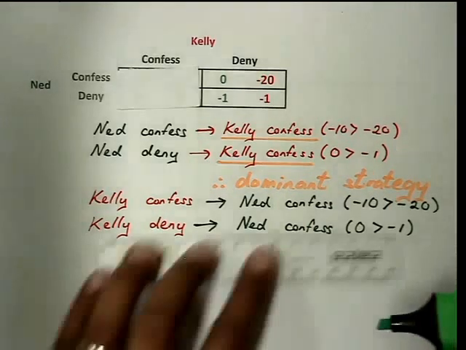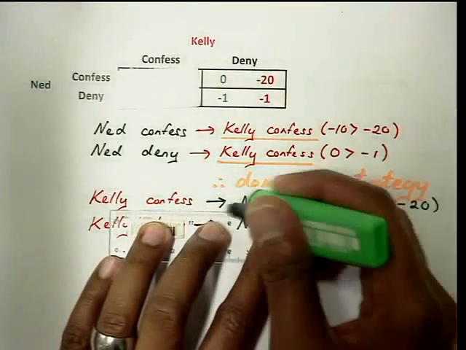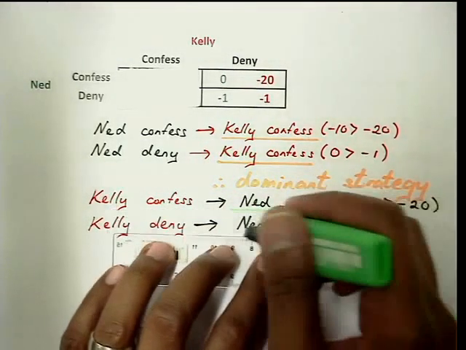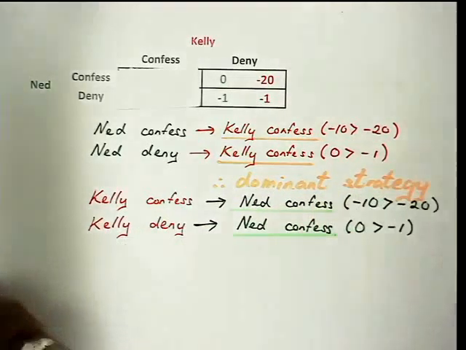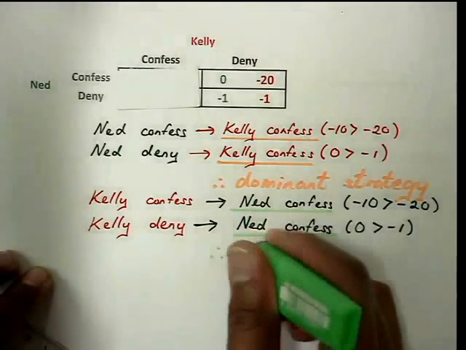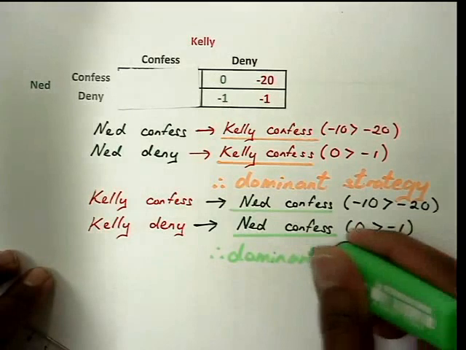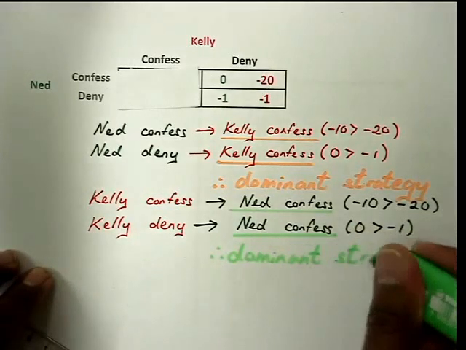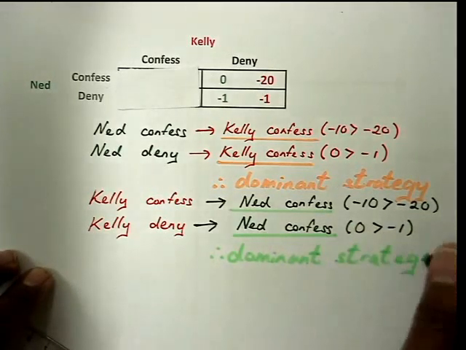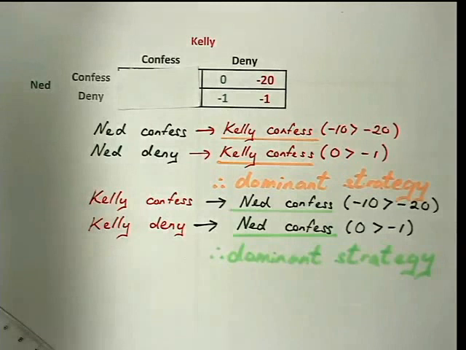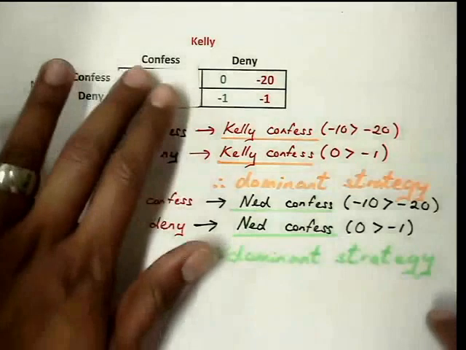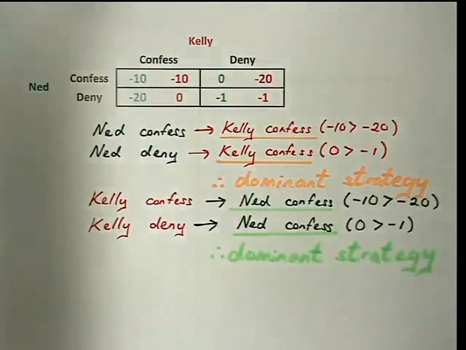Yes, because a dominant strategy is if your choice is the same regardless of what the other player chooses. You don't just say Ned has a dominant strategy, you say Ned has a dominant strategy to confess.